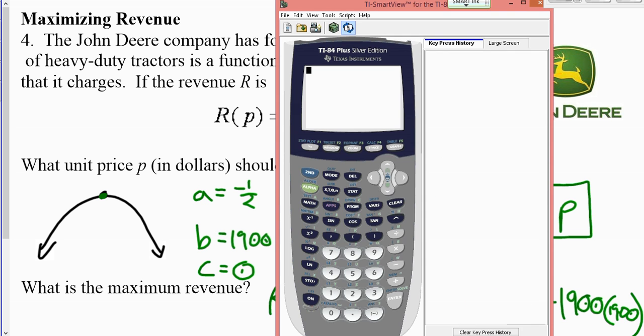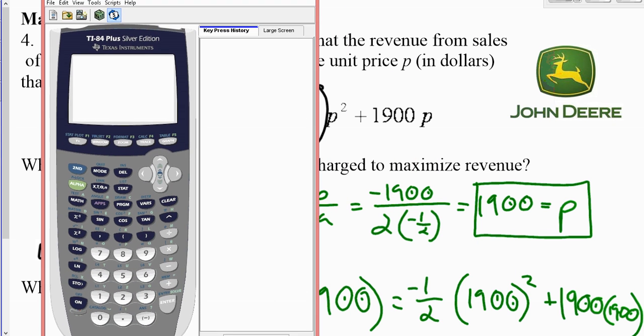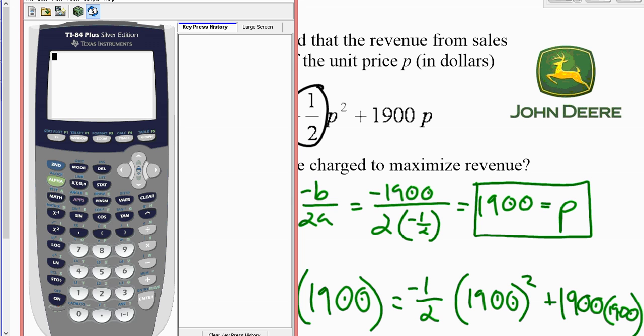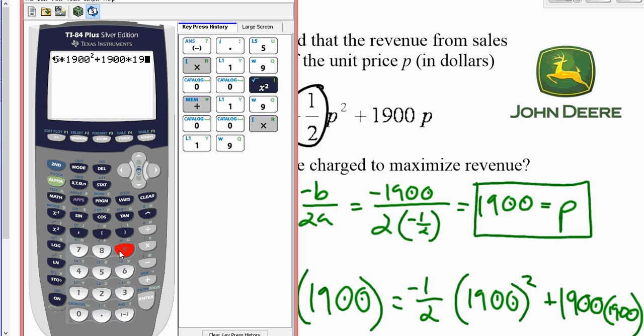So I'm just going to do -0.5 times 1900 squared plus 1900 times itself, so it's squared again, or you can just do times 1900.